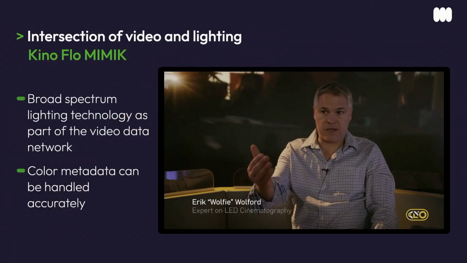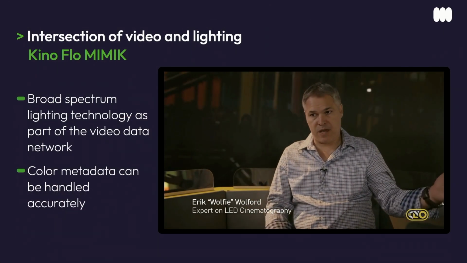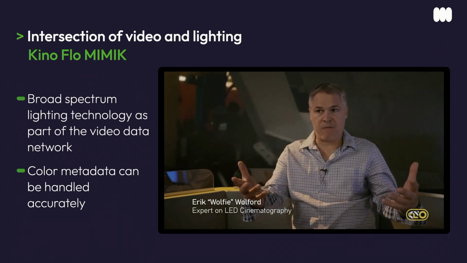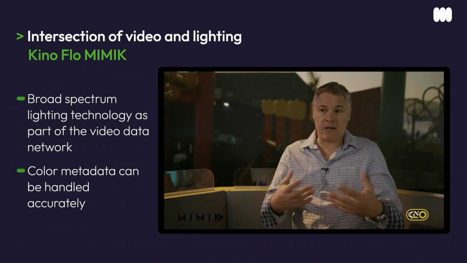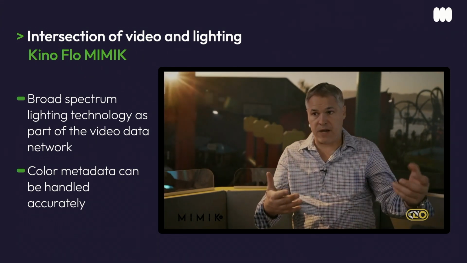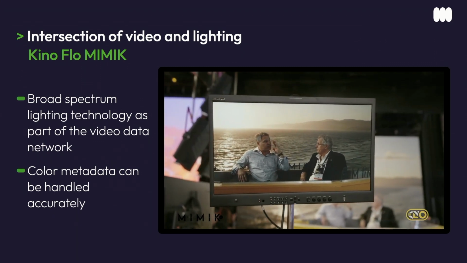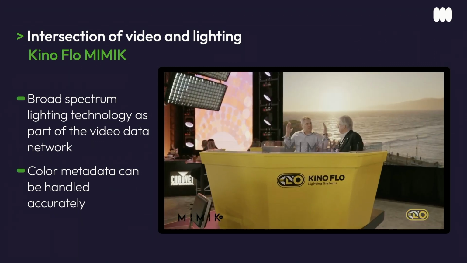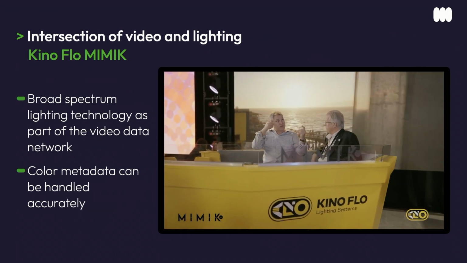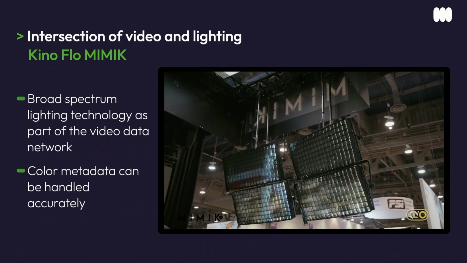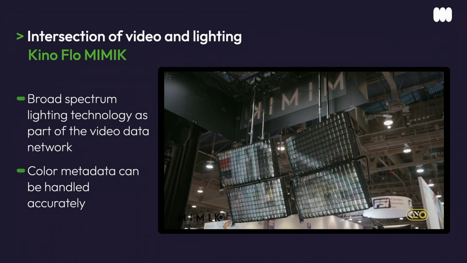So touching upon the intersection with lighting, and I'll add a little bit to the image-based lighting topic that was just discussed. We've co-developed a tile with KinoFlow called the Mimic that has RGB and two whites. It's got a cool white and a warm white, so it's producing basically the entire visible spectrum. And this is a really interesting example of how to leverage the convergence of video and lighting and doing things in a networked way.